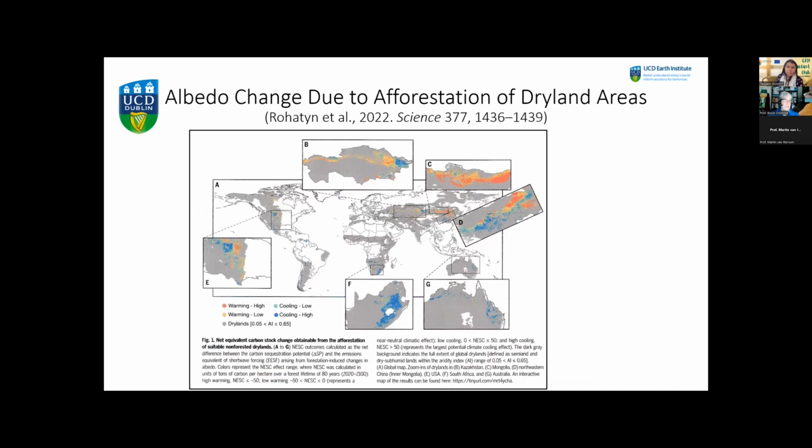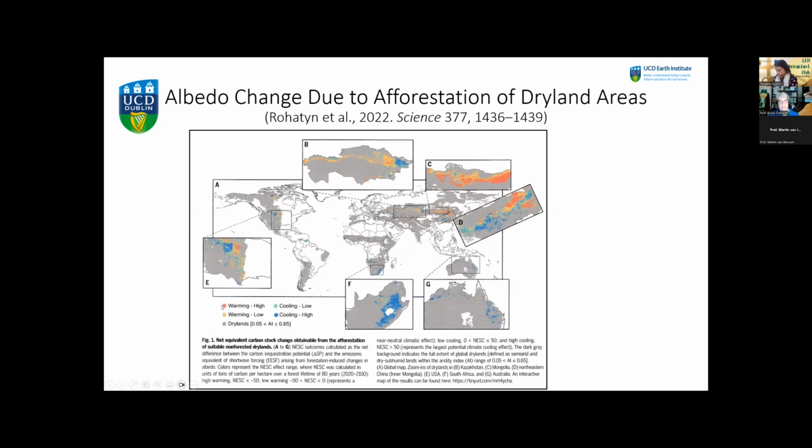This is an example of an analysis done a year or so ago. And what it shows is that if we afforest dryland areas, even though we could benefit in terms of carbon sequestration, because of the albedo effect, in many of these areas, we get a warming.